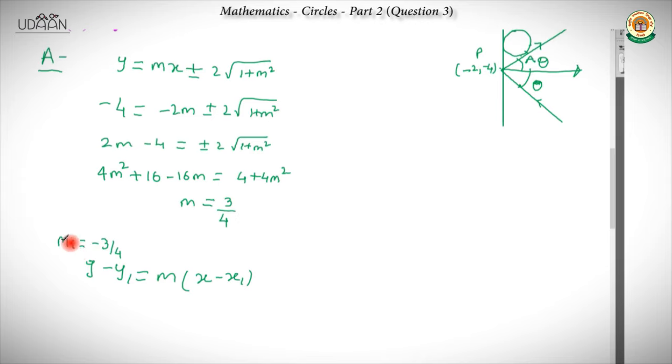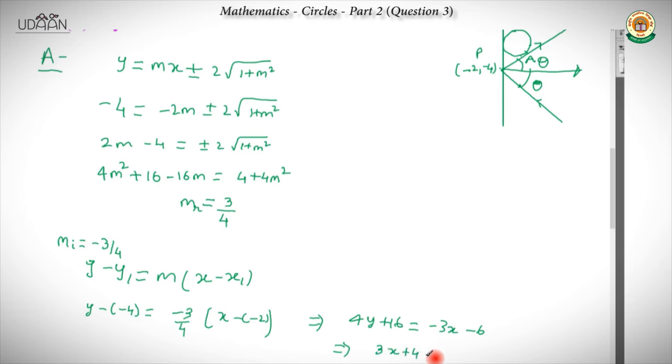The incident ray's slope can be considered as mi, the reflected as mr. So on substituting, we get y minus of minus 4 equals minus 3 by 4 into x minus of minus 2. Now 4y plus 16 equals minus 3x minus 6. On rearranging, we get 3x plus 4y plus 22 equal to 0.